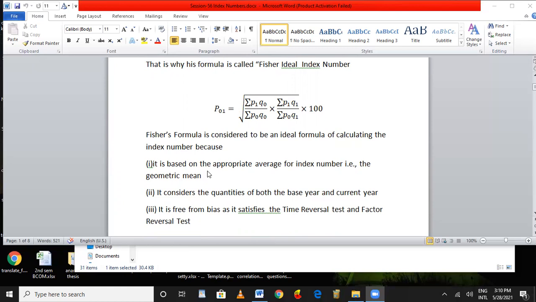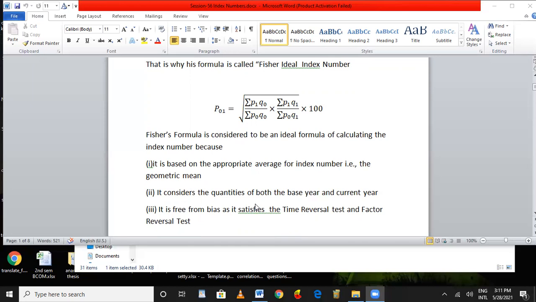As it applies the geometric mean, that is why it is an appropriate average. If you remove the root, you get an appropriate or accurate value, and that value is called Fisher's index number.